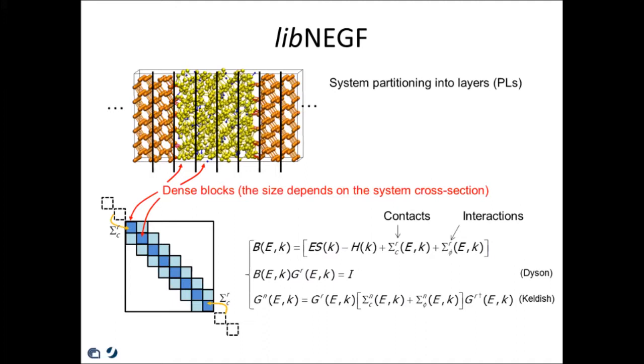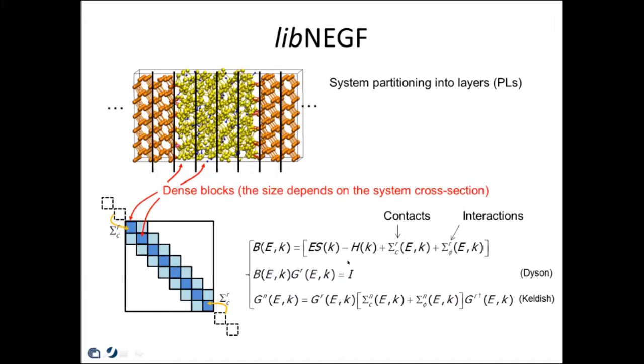The contact self-energies, I don't know if you see my pointer, I mean, the semi-infinite leads are mapped into the central part with appropriate self-energies. These E and K are energy and K, the K parallel here. And the interactions I will not be talking about a lot, actually not at all, because it's still work in progress for the GPU porting.